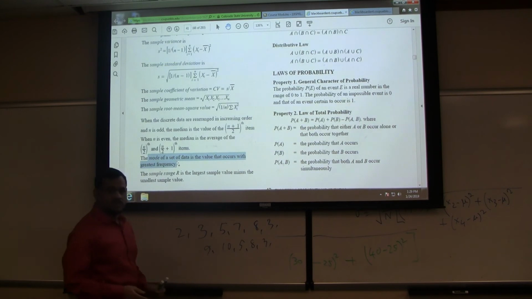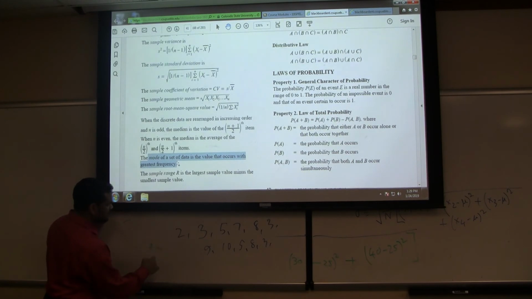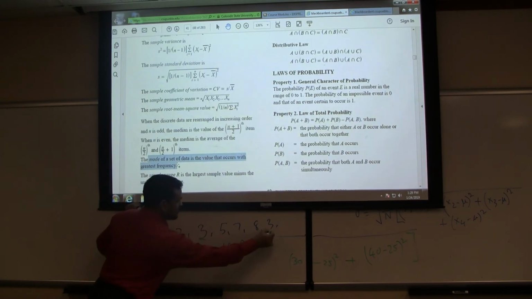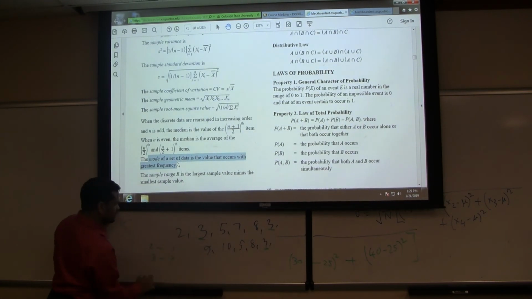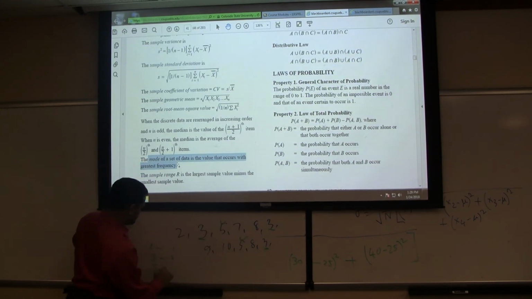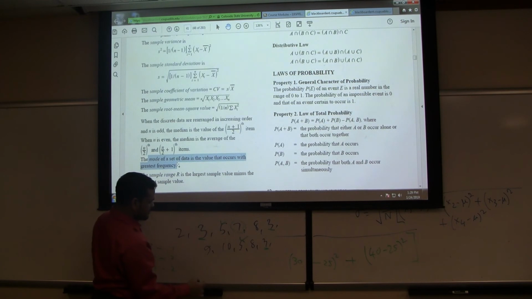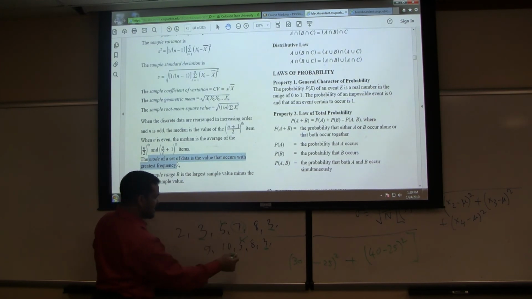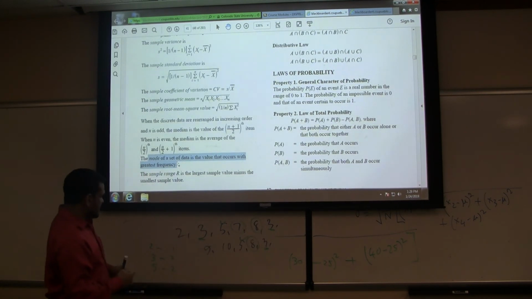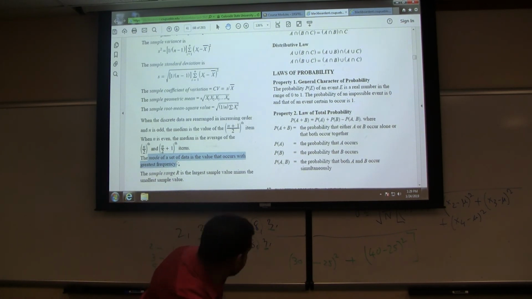Now if I count, which data is repeating the most? How many 2s do I have? Only 1. How many 3s do I have? 1, 2, 3. So 3. How many 5s do I have? 1, 2. So two 5s. How many 7s? Only one 7. How many 8s? 1, 2. So two 8s. We can see that the data 3 occurred the most.